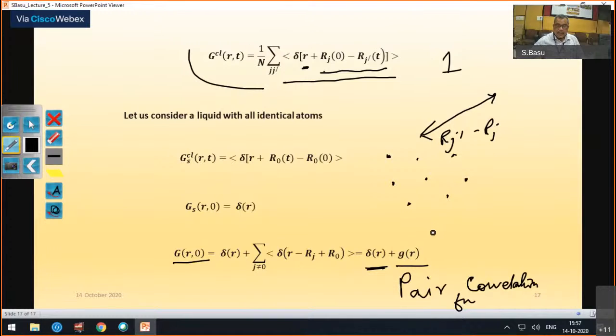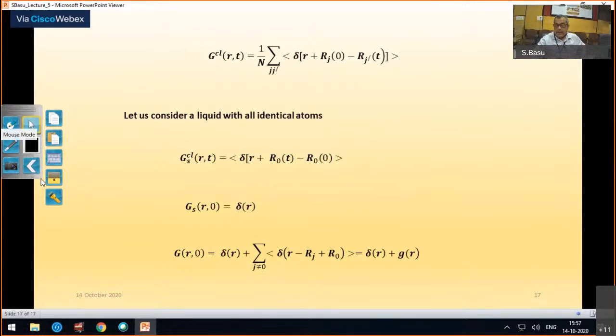That means this gives me how pairs are distributed in a system. So if it is a crystal lattice, then it will give me the interatomic distances. Otherwise, in any other system, for example an amorphous system or a liquid, there are short range correlations, and at t equal to 0, that will give me the short range correlation.